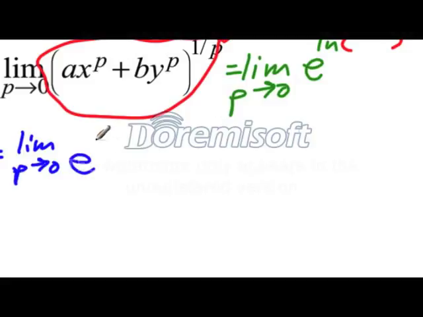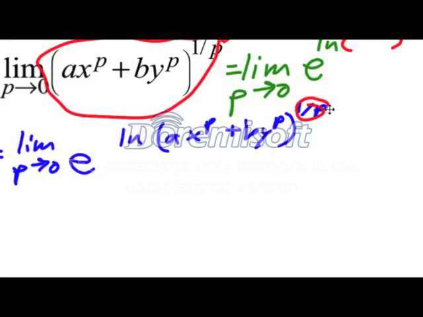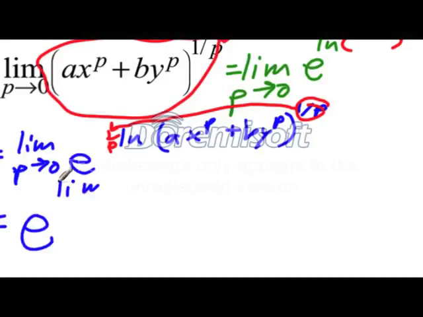I guess I'm going to write it anyways. So we're going to have e to the natural log of ax to the p plus by to the p, that's to the power of 1 over p, but the property of log says write that power up front, 1 over p. And so really, e is just constant, so this is e to the limit as p goes to 0 of this stuff.